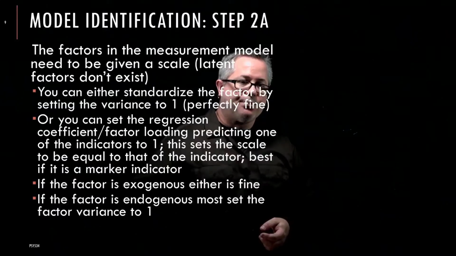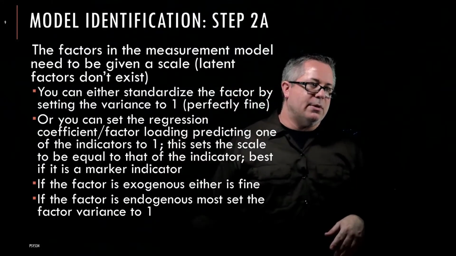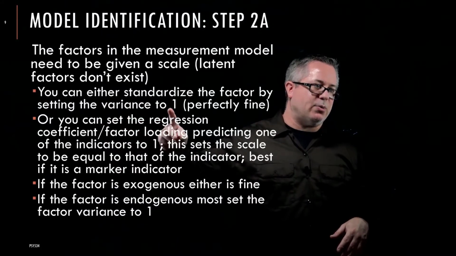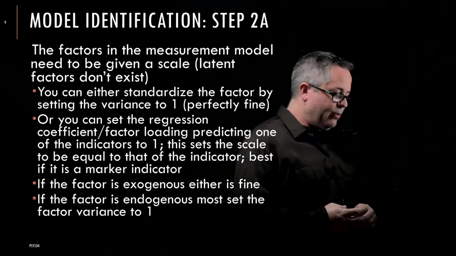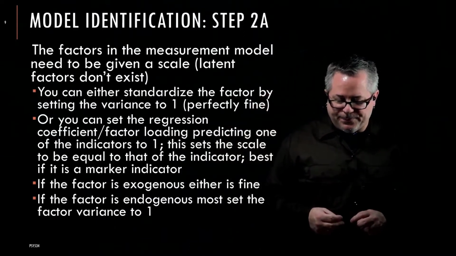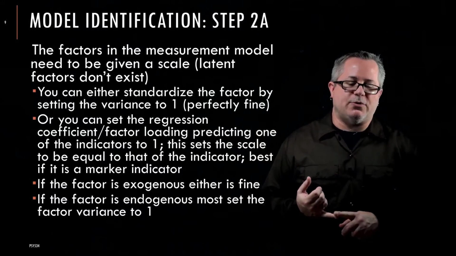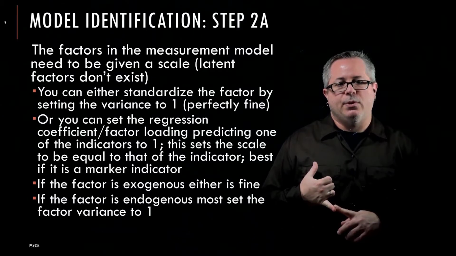To do that, we have to follow a couple rules, and you can go one or the other. You can either standardize the factor by setting the variance to 1. It's called the unit variance approach or something like that. You can set the variance to 1, which is perfectly fine. It just means your factors are all standardized. They're all z-score metrics of some sort.